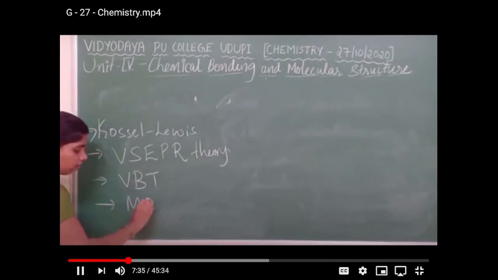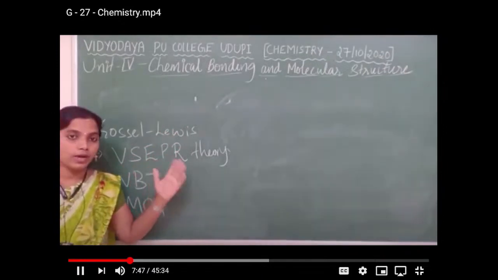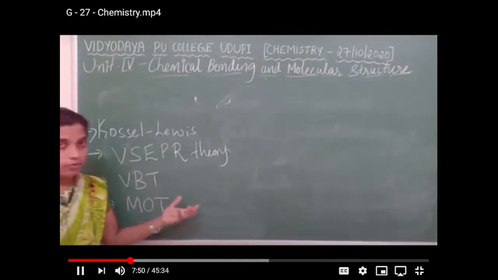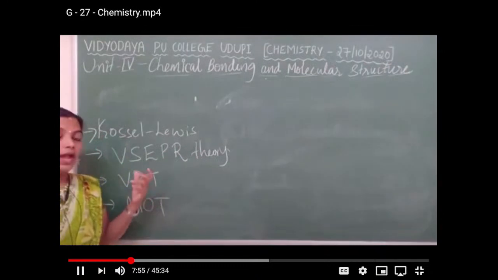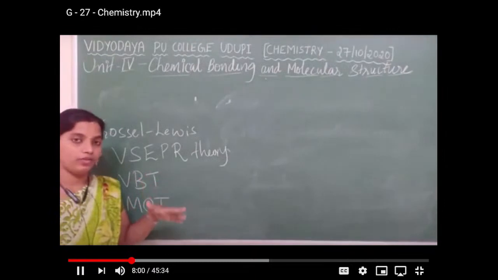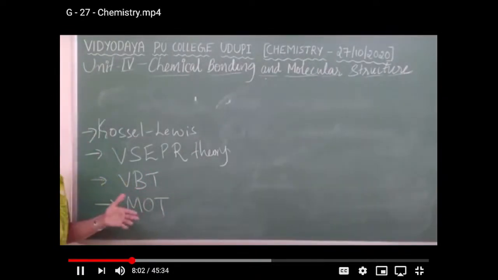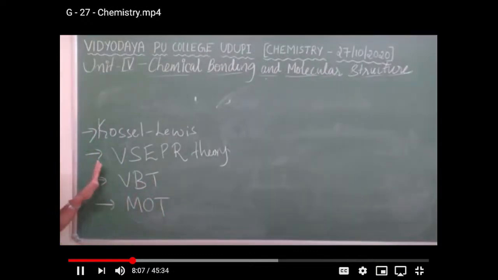Next is MO, that is molecular orbital theory. These are the different concepts we will be studying to explain why atoms combine to form compounds, why only certain combinations are possible, and why molecules possess definite shapes. After forming the compound or molecule, it will have its own shape. Why it has that shape will be explained by these theories.